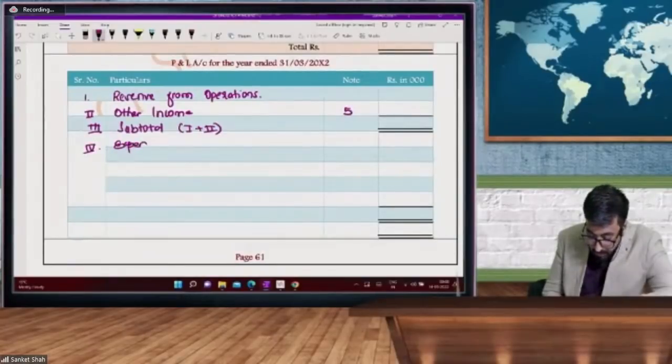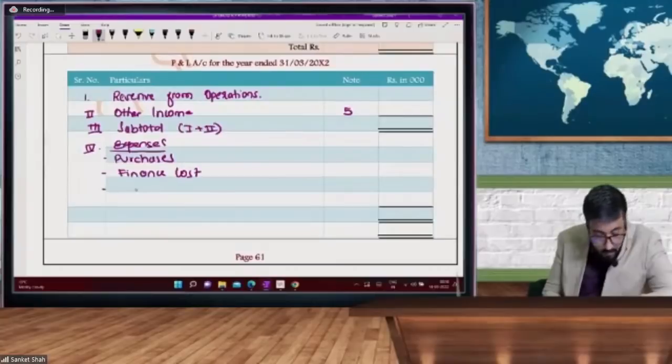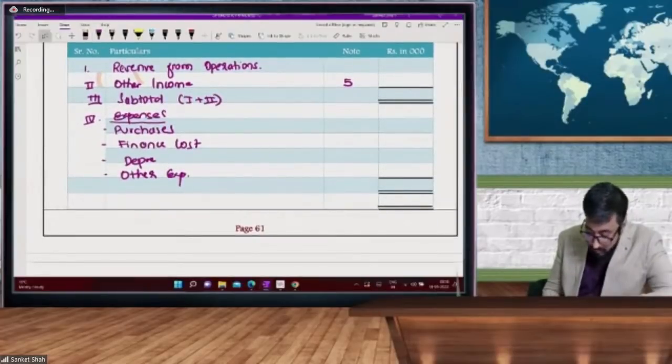Number 4, expenses: purchases, finance cost, depreciation, other expenses, and subtotal.